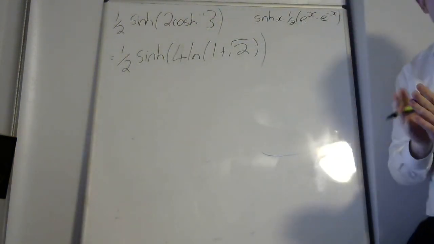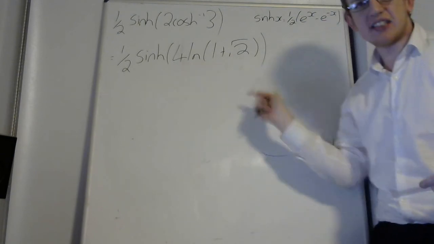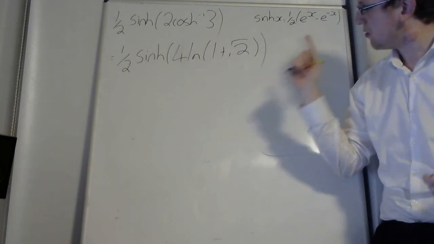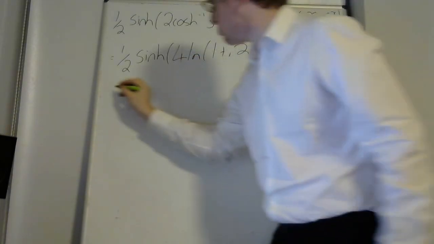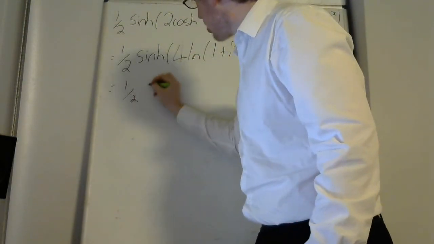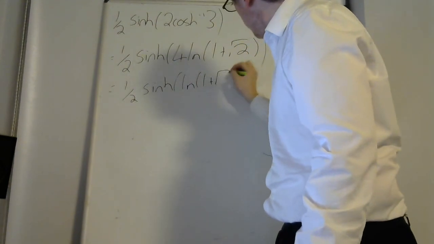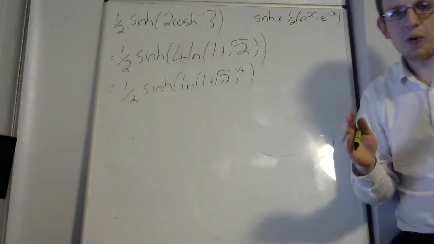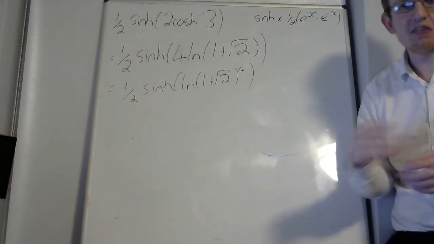Now we're not quite there yet to apply the trick, because remember, we need the inside of the bracket to be a single logarithm, but we know the rules of logs. We can pop that 4 up there. So we've got a half sinh ln of 1 plus root 2 to the power 4. Now e and the natural logarithm are just inverses of each other.